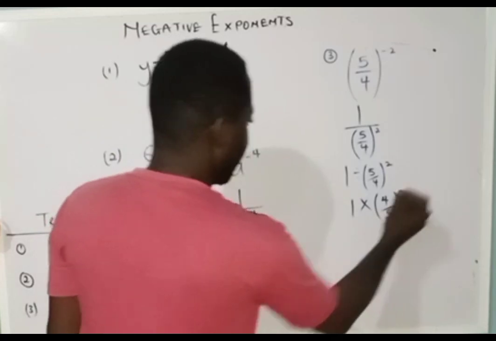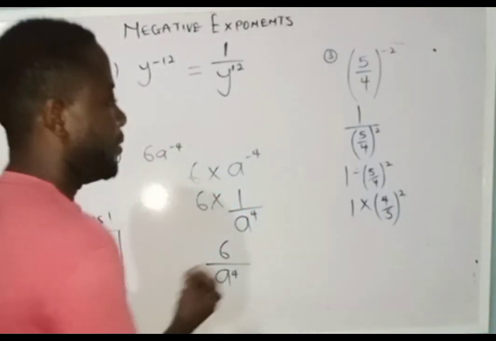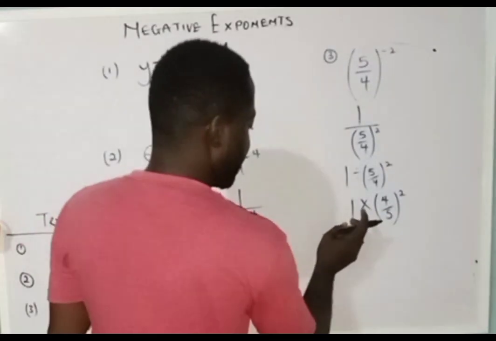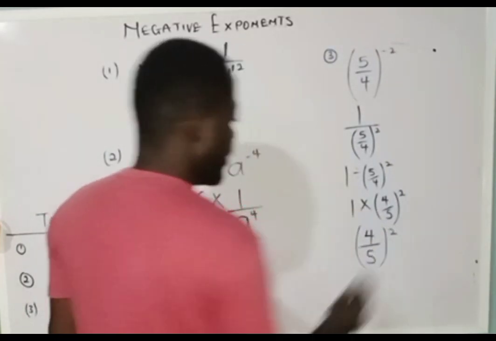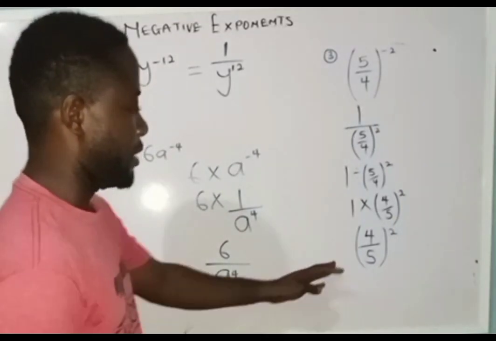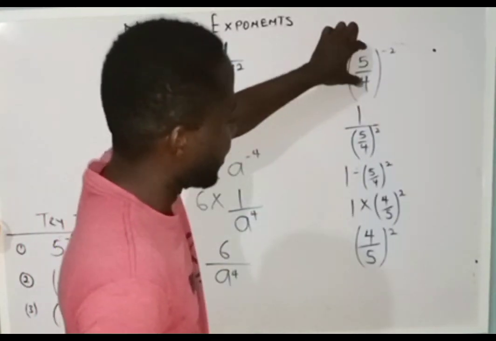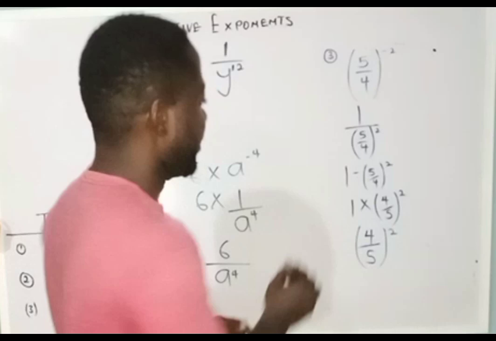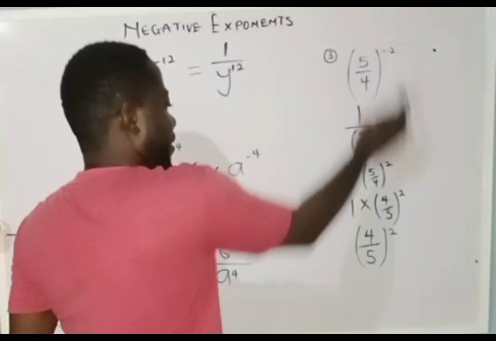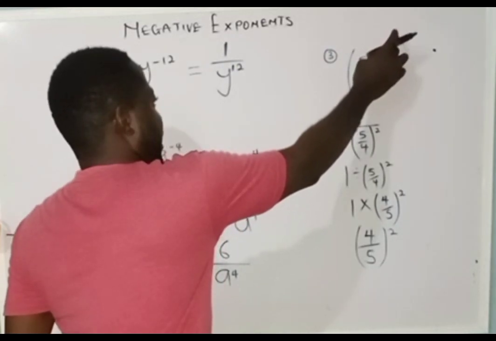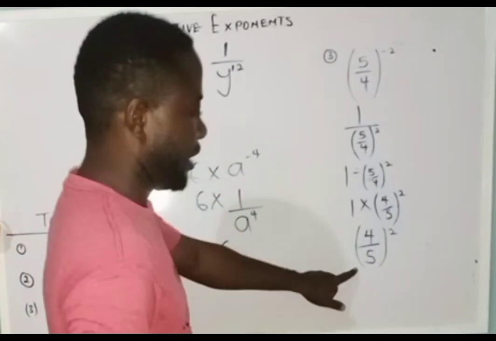Then we still have the power of 2. Now if I use 1 to multiply this, I'm going to have 4 all over 5 raised to the power of 2. What happened here is just that the 4 comes up, the 5 goes down, and the negative sign has been removed. So that's what we have here.